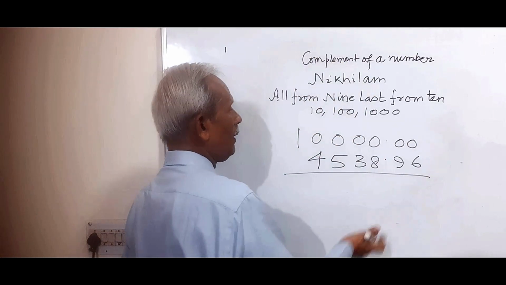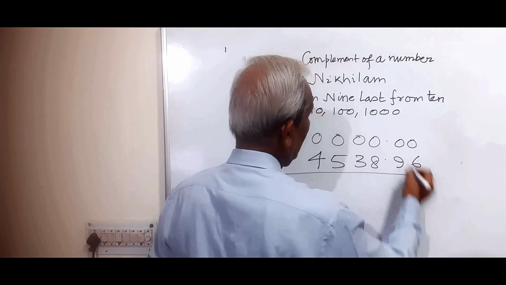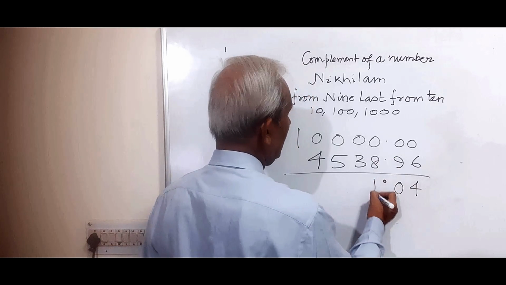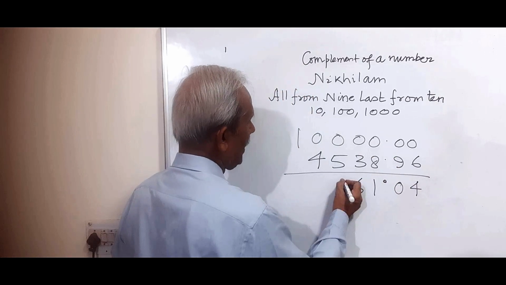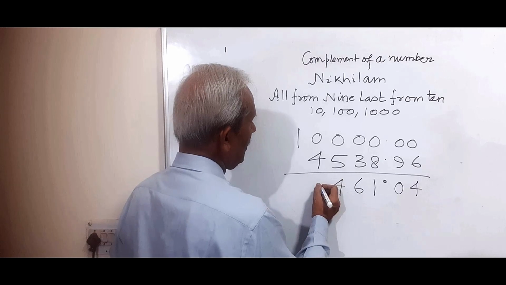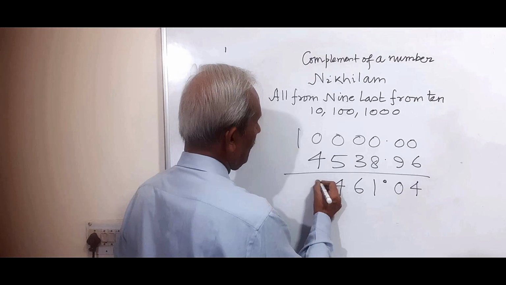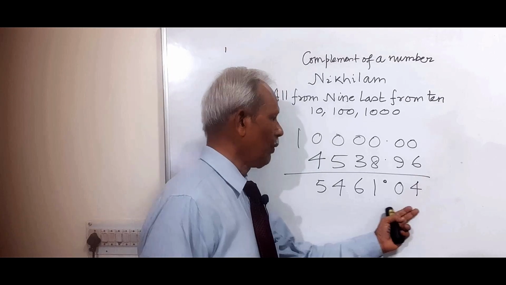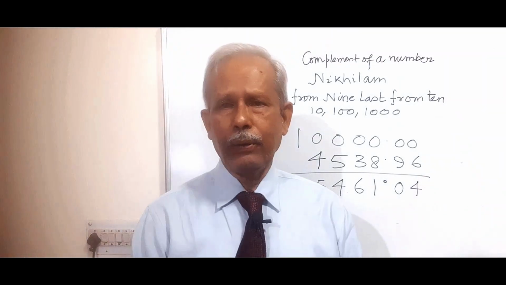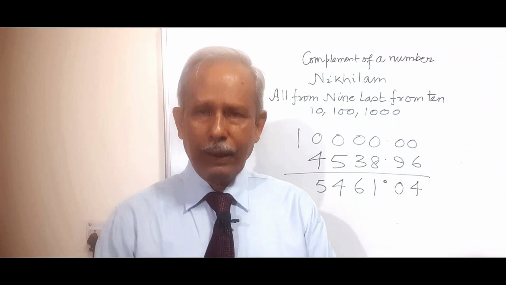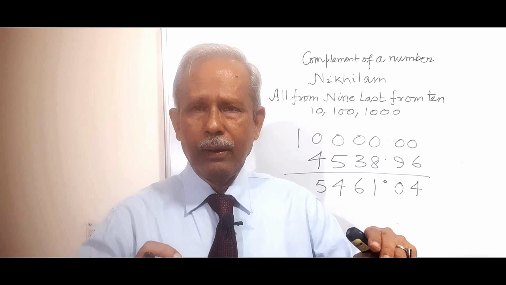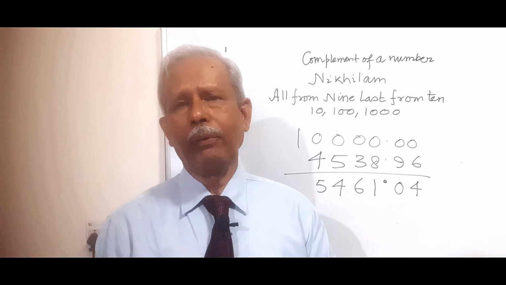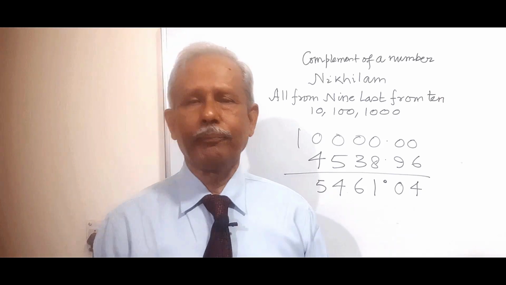Subtraction is easier here. 10 minus 6 is 4, 9 minus 9 is 0, decimal in its own place, 9 minus 8 is 1, 9 minus 3 is 6, 9 minus 5 is 4, 9 minus 4 is 5. Right? So 5461.04. That means this way you can subtract any decimal number from 100, 1000, 10,000 like that easily by using the formula of all from 9, last from 10.